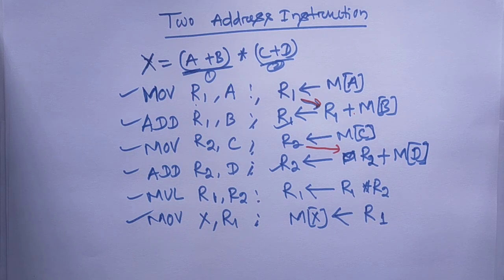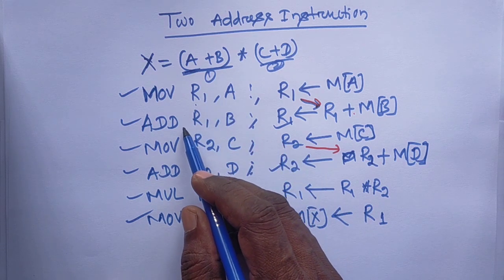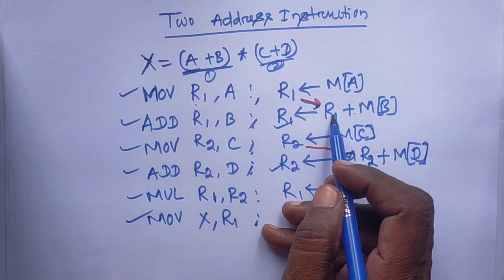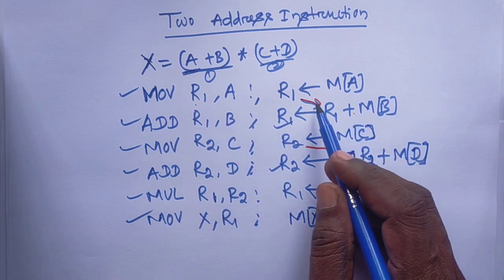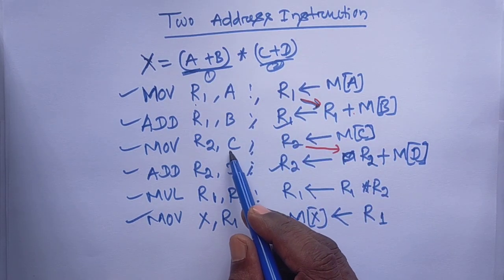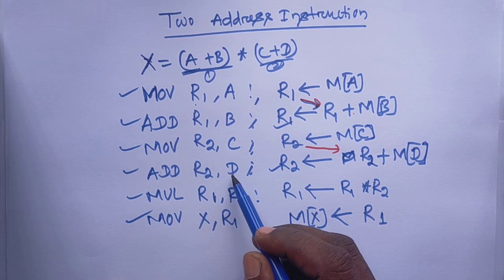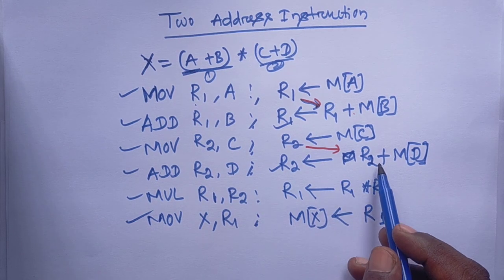Very simple. First, move A data to R1, add B data to R1; R1 already has the content, so R1 receives R1 plus M[B]. Similarly, move C data to R2, and add the D data, so R2 plus M[D].